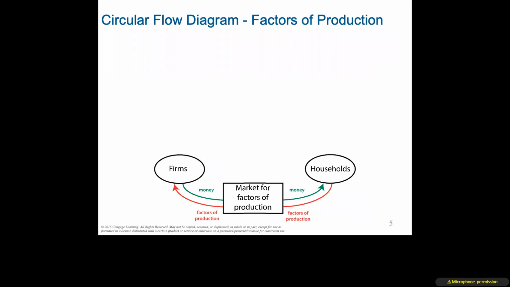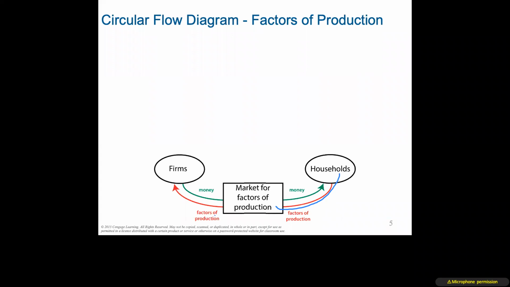On the other side, remember, we had two markets. We had the market for factors of production. Those are what? Labor, land, resources. Households bring factors of production into there. They may bring their labor, they may rent land, they may sell land, they may sell oil, they may sell raw materials such as timber.